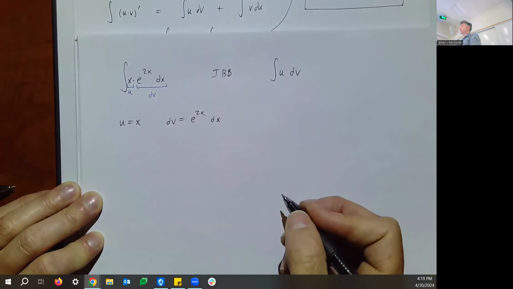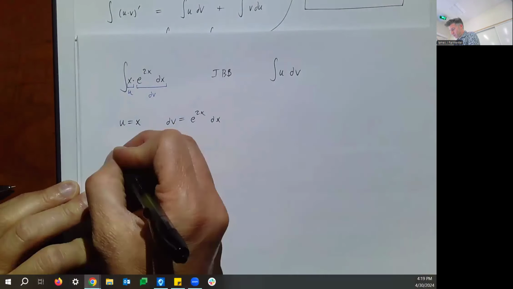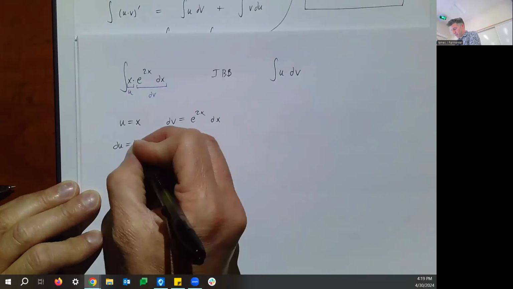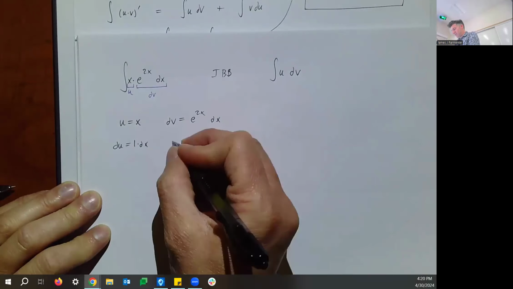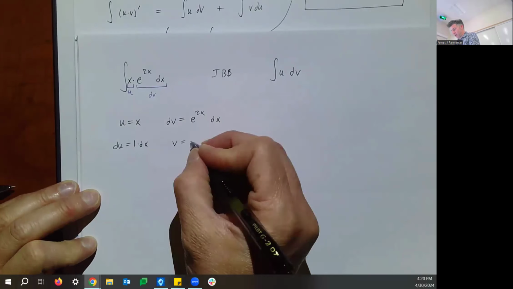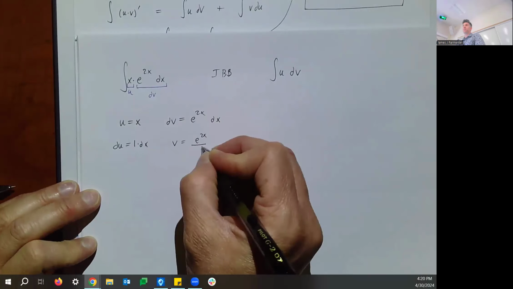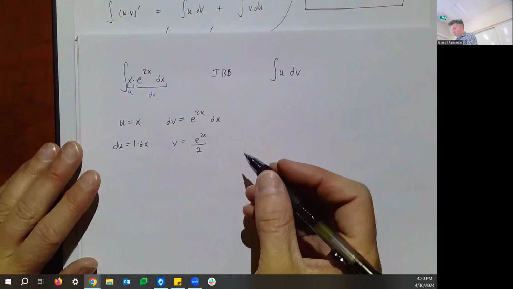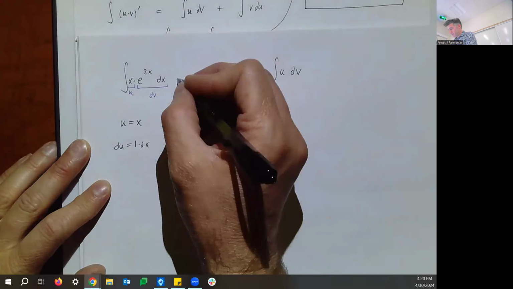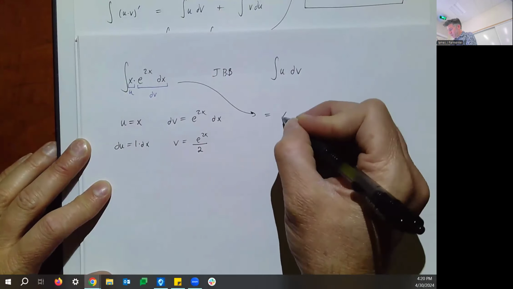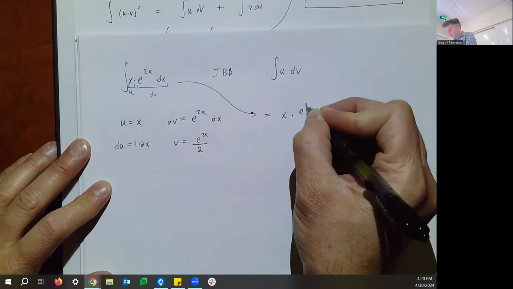And then we're going to find the other two pieces. Du, well, the derivative of x is just 1. So du is 1 times dx. And v, which is the antiderivative of dv, is going to be e to the 2x divided by 2. And then we're going to plug all that into the formula. So our integral of u dv is equal to u times v.